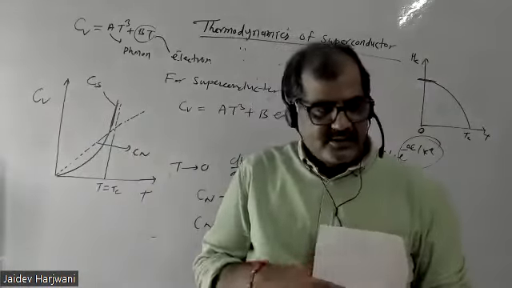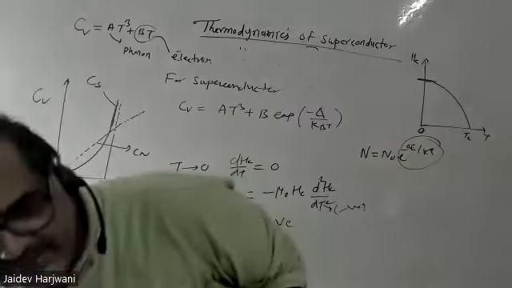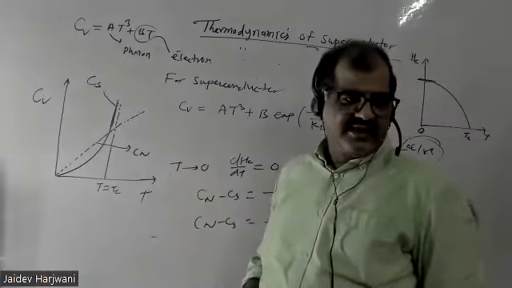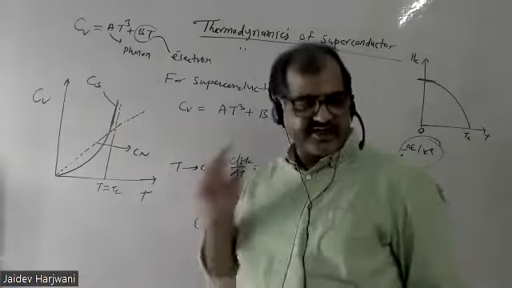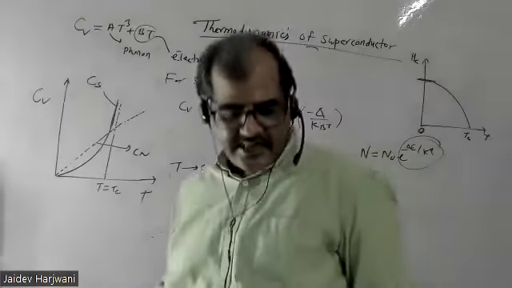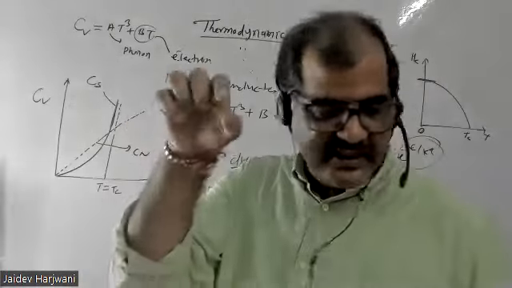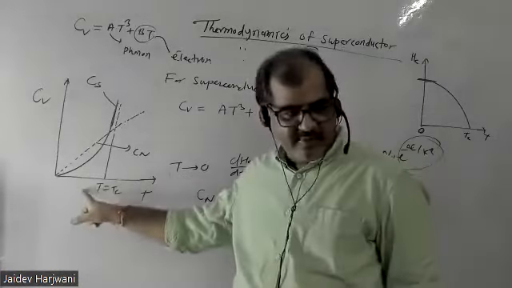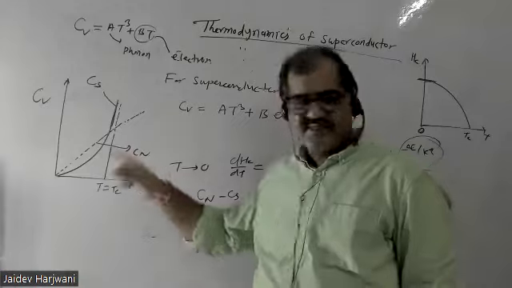When we measure experimentally the specific heat of a superconductor, it shows exponential variation with temperature, which is also an indication that there must be some gap between the normal state and the superconducting state.